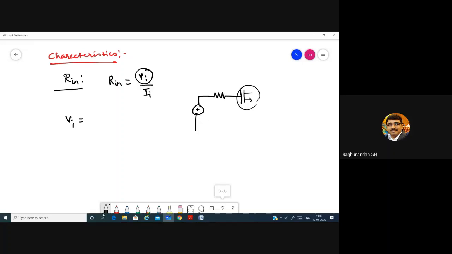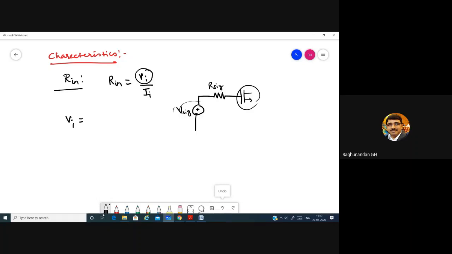The resistance connected in series is the signal resistance, Rsig. The input is Vsig, the signal input voltage. This is the series signal resistance, which acts as a protective resistance for this transistor.